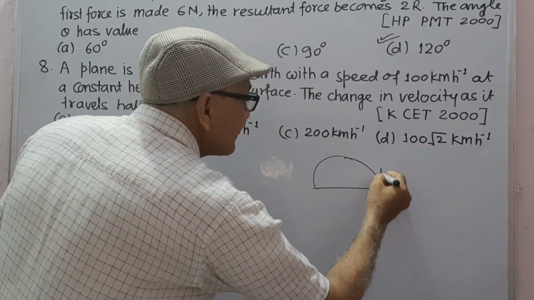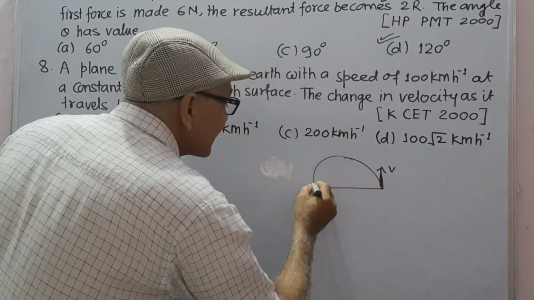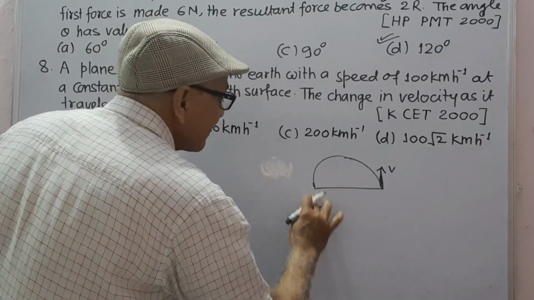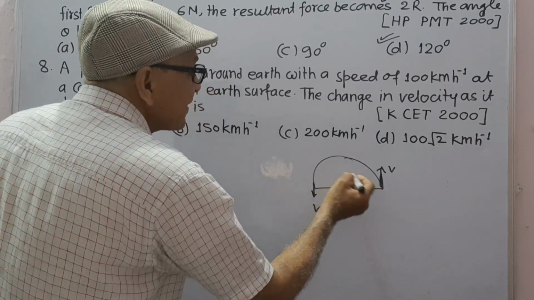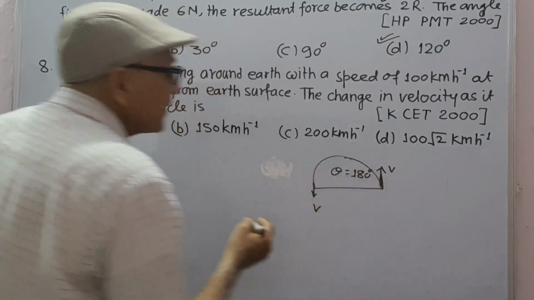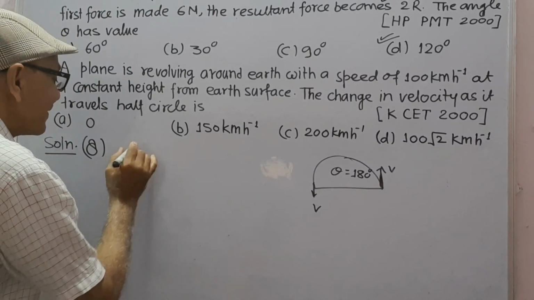Velocity at this point has magnitude v, and velocity at this point has magnitude v. Total angle theta is 180 degree.